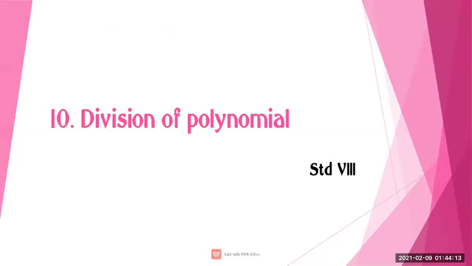Now there are some points which you are going to remember. What is a polynomial? If the index of each term of an algebraic expression is a whole number. Now what is a whole number?